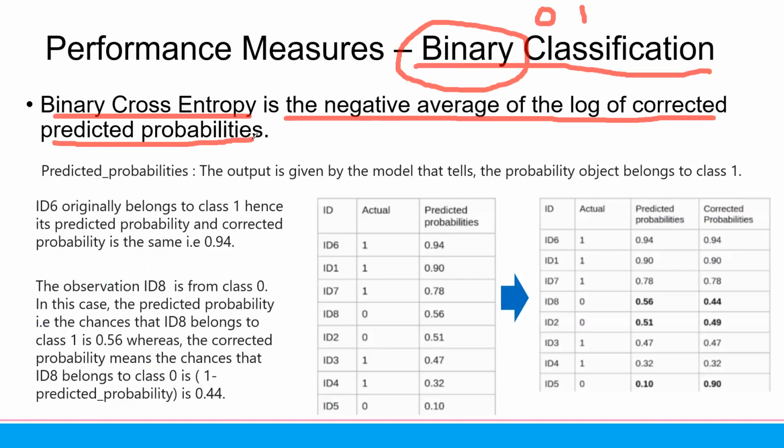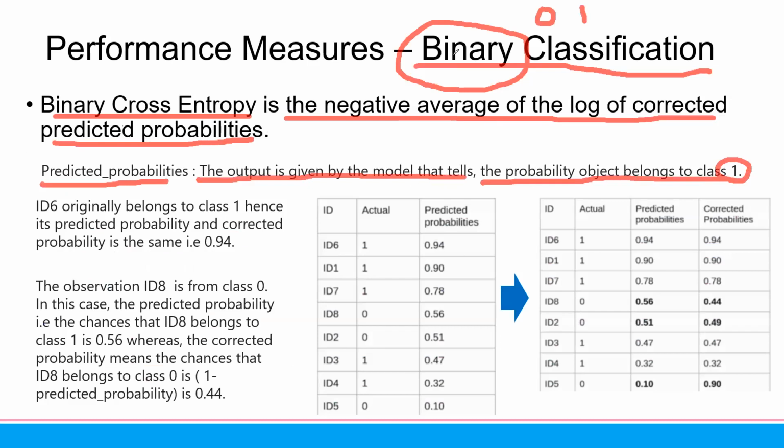Okay, what does it mean? Let's say this one. I have predicted probabilities. What is predicted probabilities? The output is given by the model that tells the probability the object belongs to class 1.